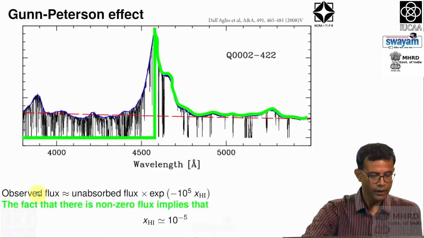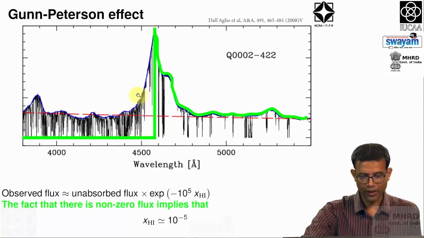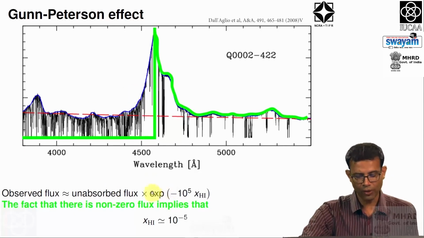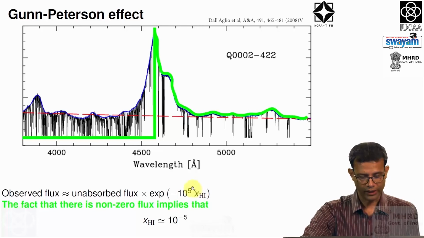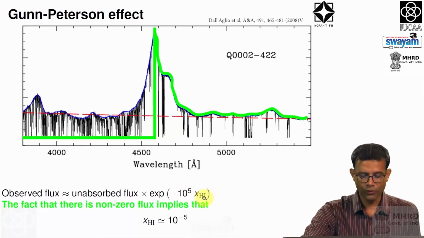You can work out that the observed radiation will be the unabsorbed flux, which is this blue line, times the exponential of minus a factor which is roughly 10 to the 5 times the neutral hydrogen fraction. X_HI gives you the fraction of hydrogen that is in neutral form, so it is a dimensionless quantity.